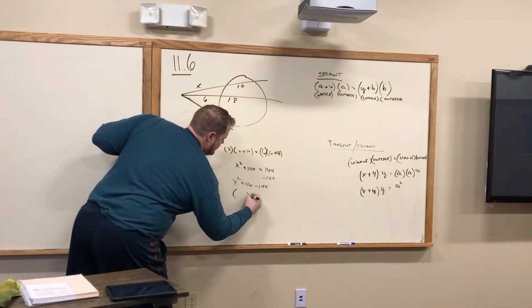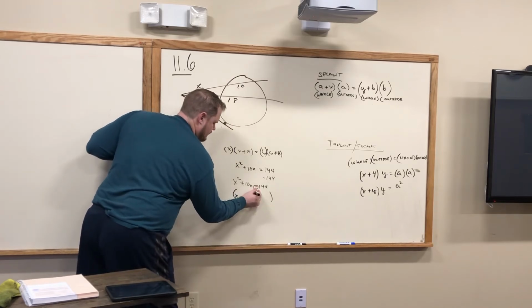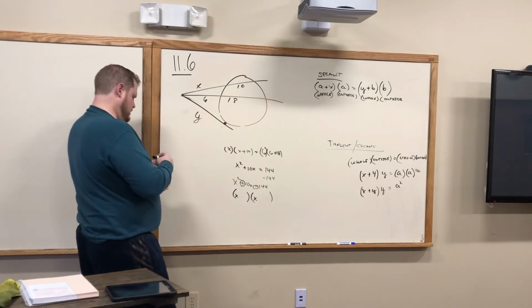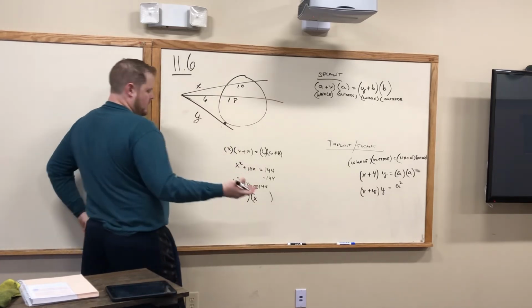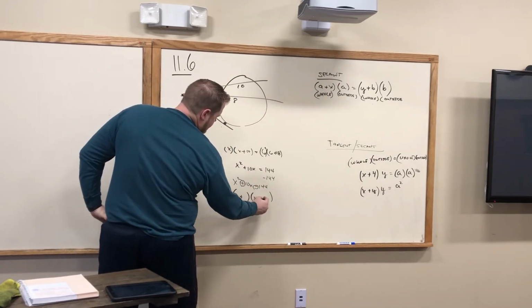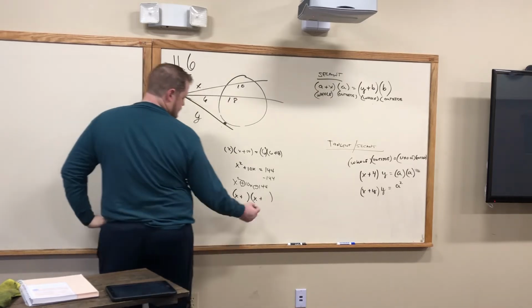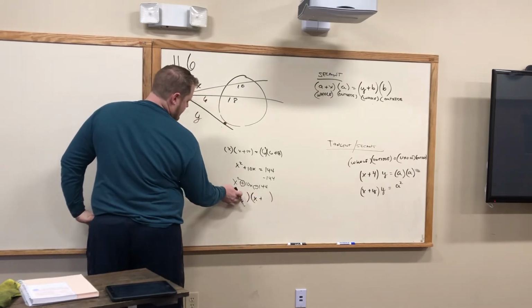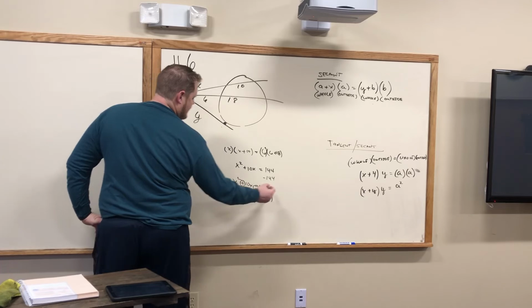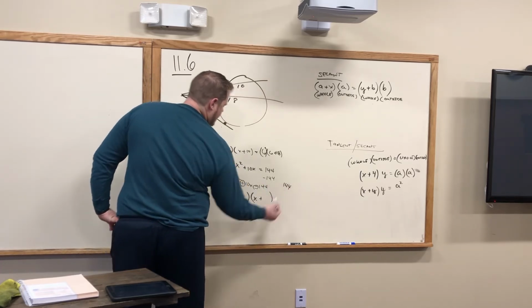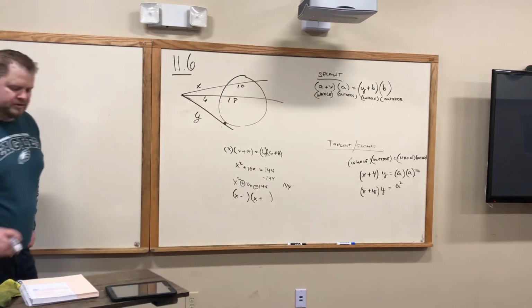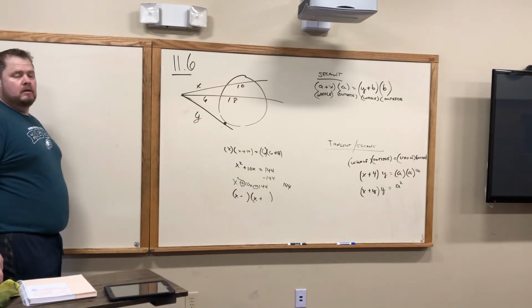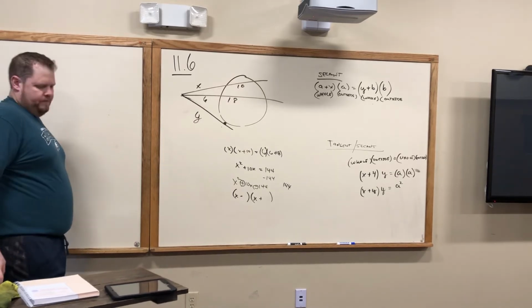All right, parentheses, x. Two different signs. So therefore, we are going to have two different signs here. So one's going to be plus, one's going to be minus. So we have to find the factors of 144 that are going to add up or subtract to be 10. So what are the factors of 144?